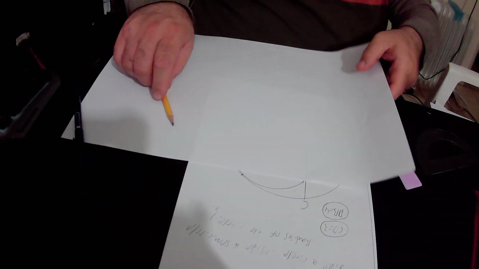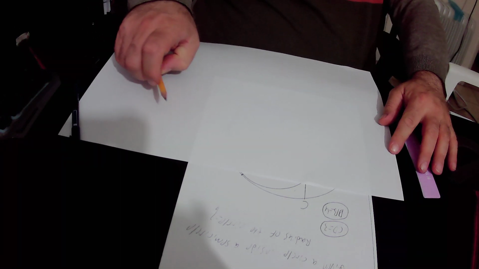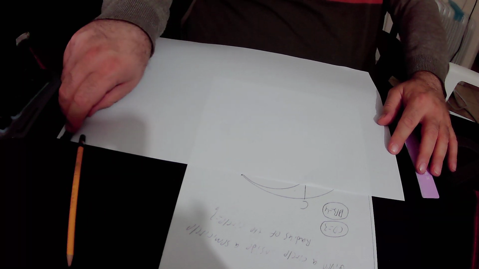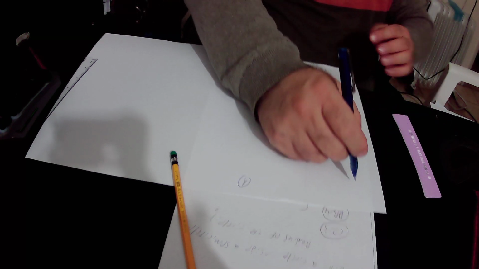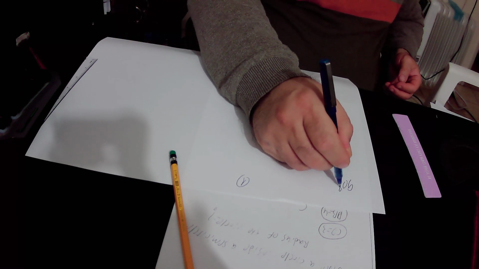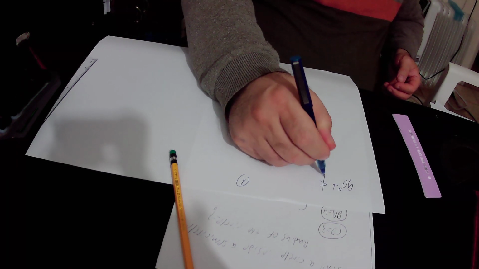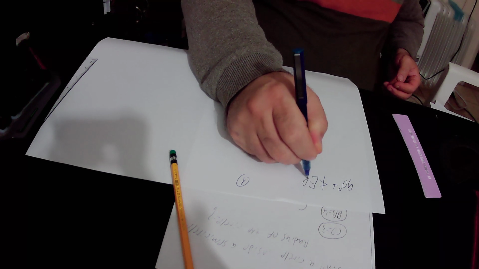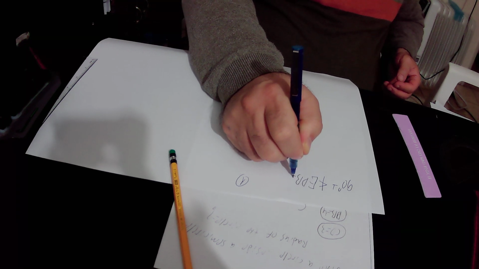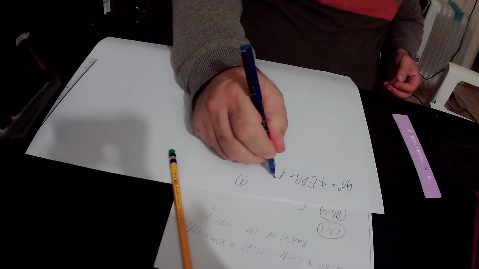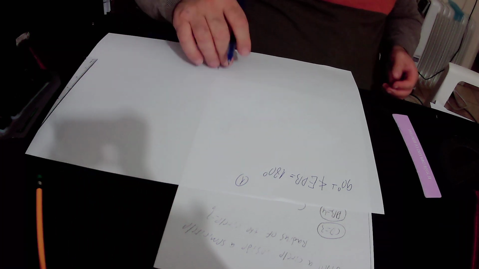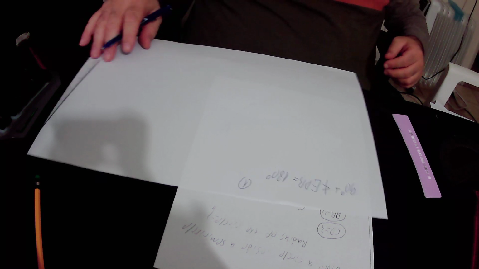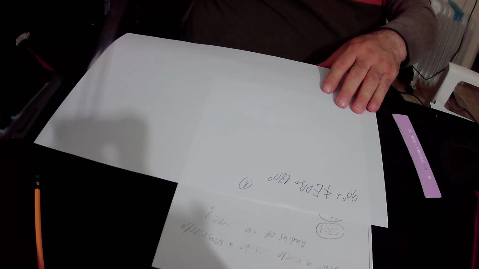So 90 degrees plus the size of angle EDB. In total, the sum of those two angles must be equal to 180 degrees, according to the rule that I mentioned, that the sum of the angles on one side of a straight line is equal to 180 degrees.